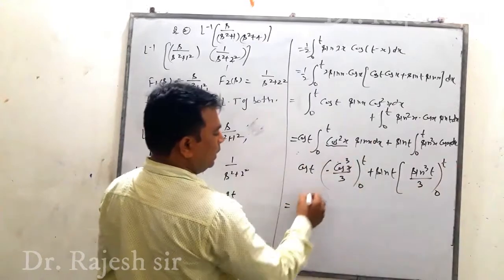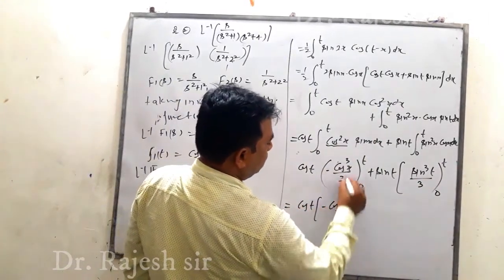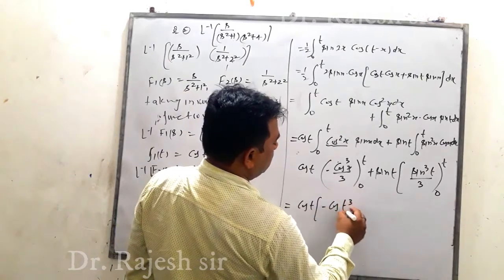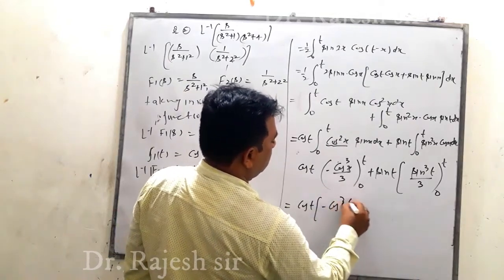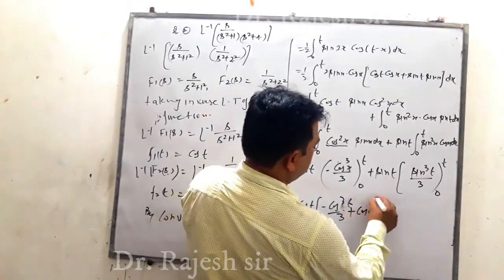Now we apply the limit: cos t minus cos cube t upon 3 minus, then plus cos of 0.